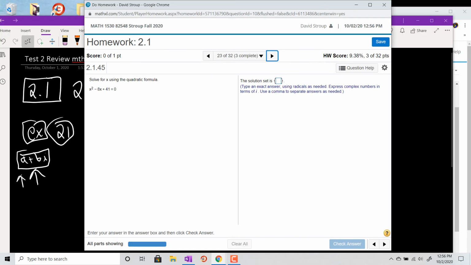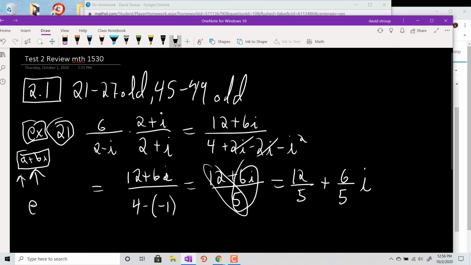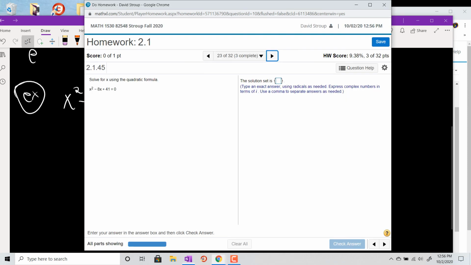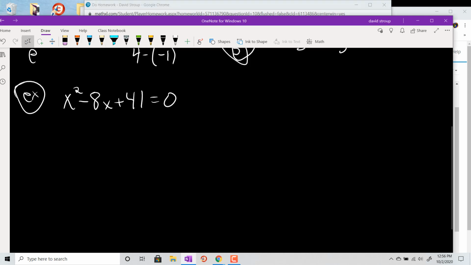We need to solve it using the quadratic formula: x squared minus 8x plus 41. You need to use the quadratic formula, so you have to have that formula embedded in your brain somewhere. The a value is 1, the b value is -8, the c value is 41.